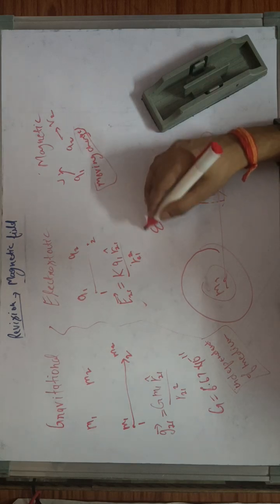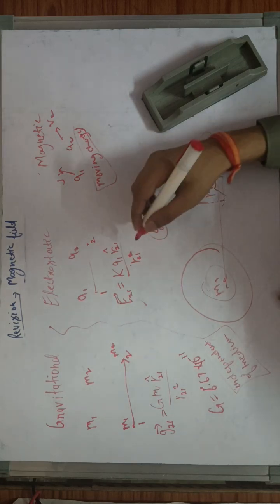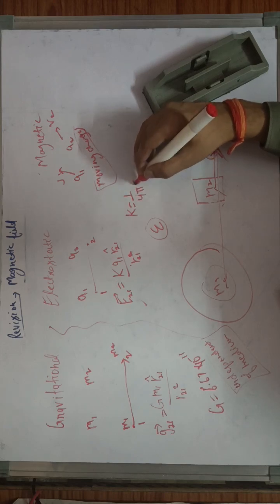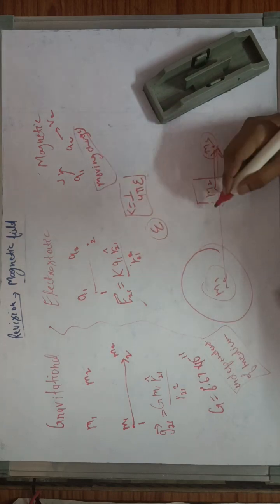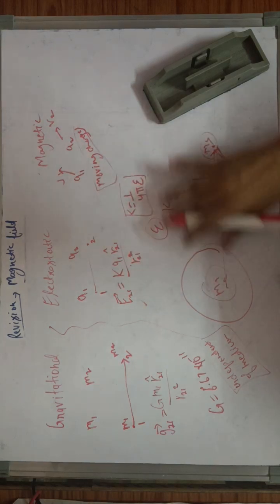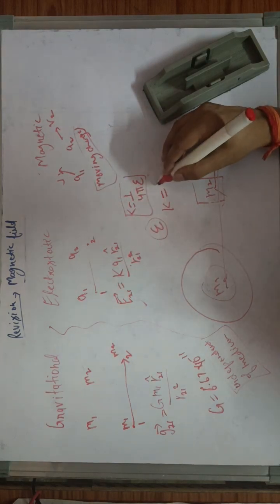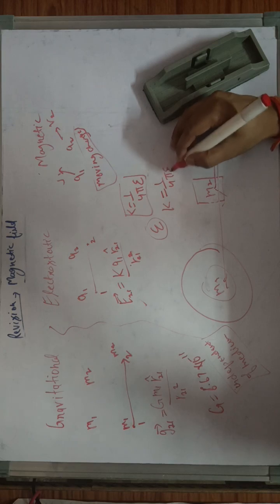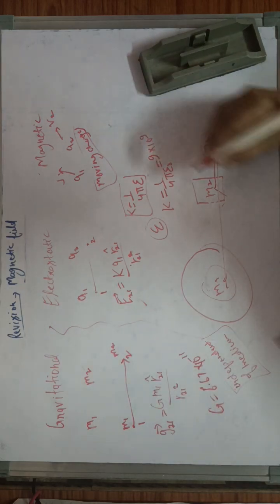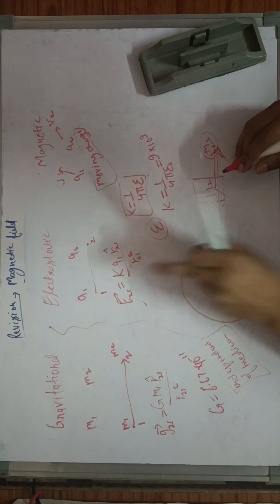Permittivity is denoted by the epsilon sign, where k is equal to 1 upon 4 pi epsilon. This is the value of the constant. When the medium is vacuum, the value of k is equal to 1 upon 4 pi epsilon naught, which is equal to 9 into 10 to the power 9. K depends on the medium.